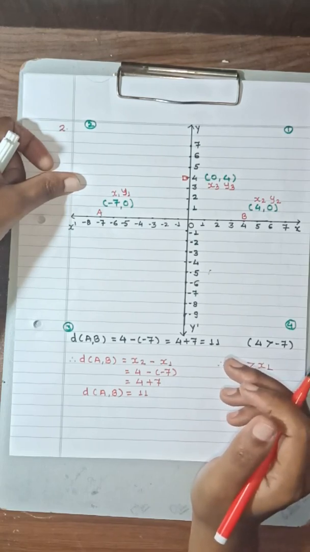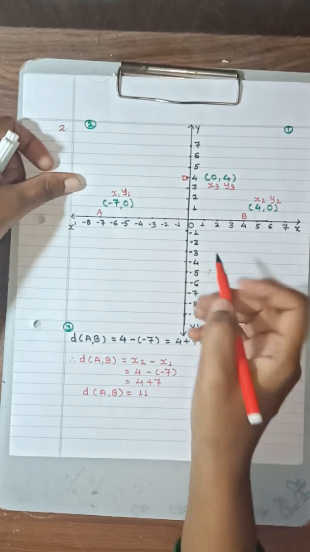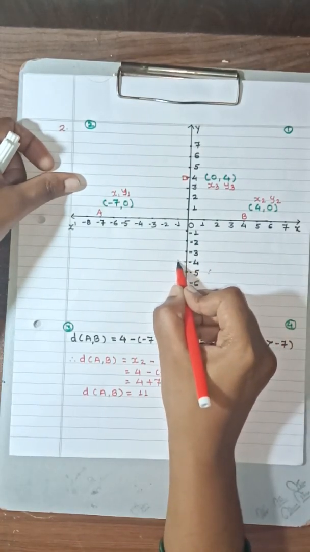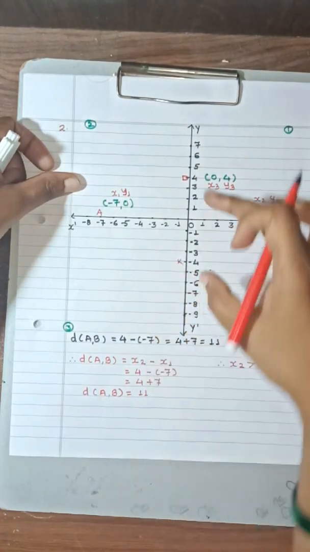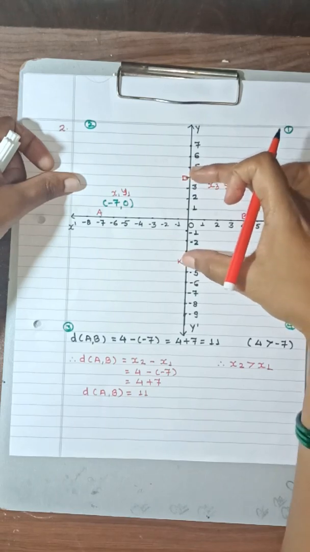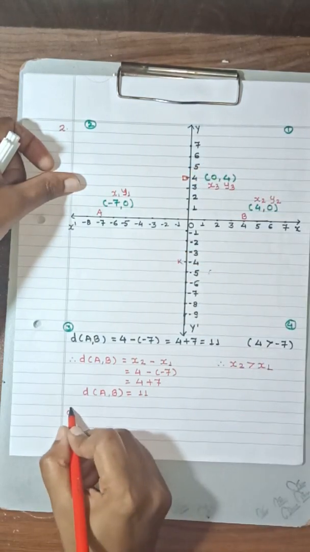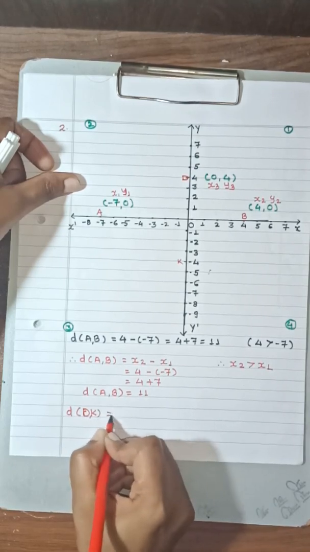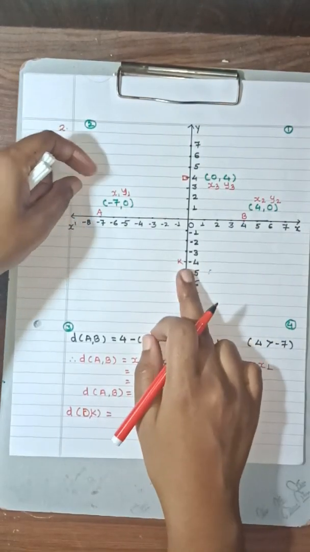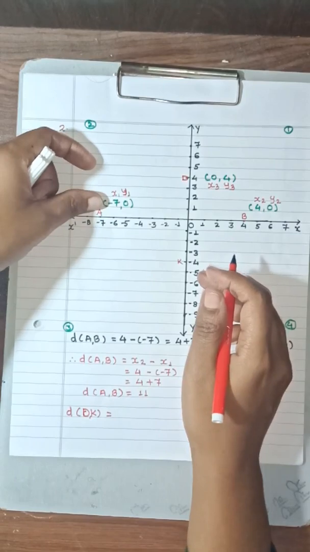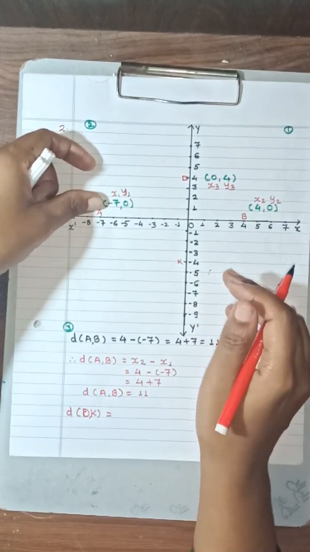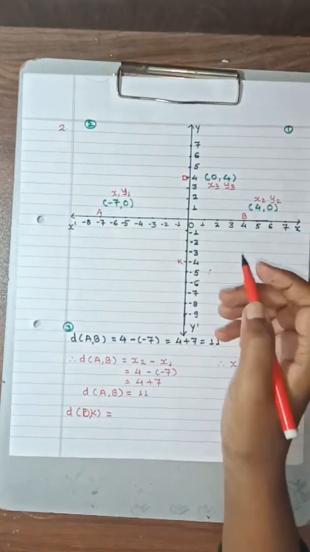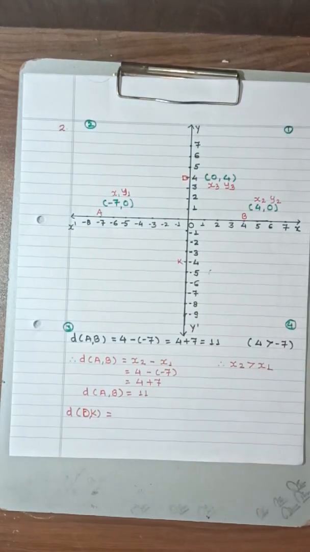Now children, if you have to find distance, suppose you take DK. Suppose we say here is any point K. If you have to find distance DK, one second children, I'll write down the coordinates.